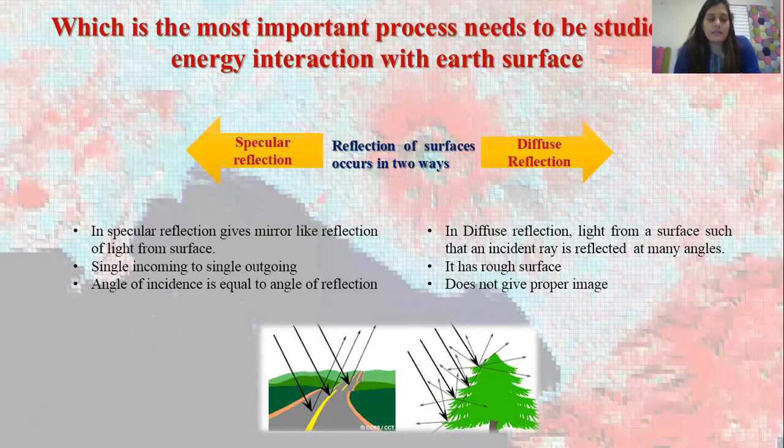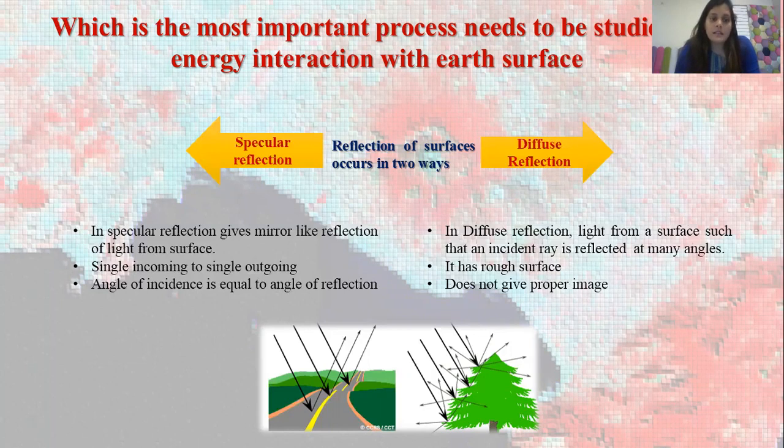The incident ray will be reflected at many angles, which means the sensor cannot obtain proper energy from the features. That is known as diffuse reflection. It does not give you a proper image. In a diffuse reflection image there will be lots of noise, and that noise will affect the image, and we cannot interpret or calculate anything on that satellite image.